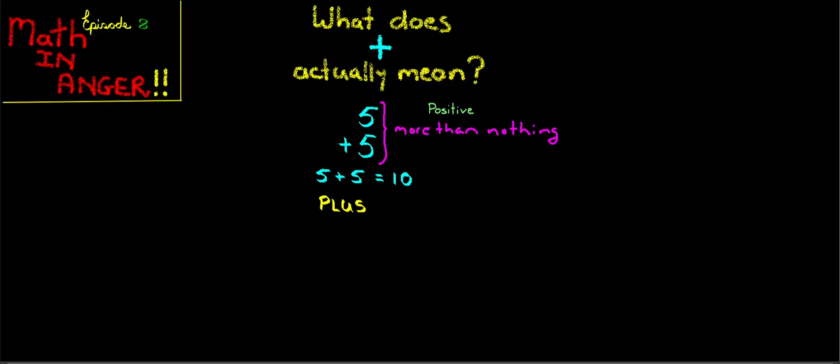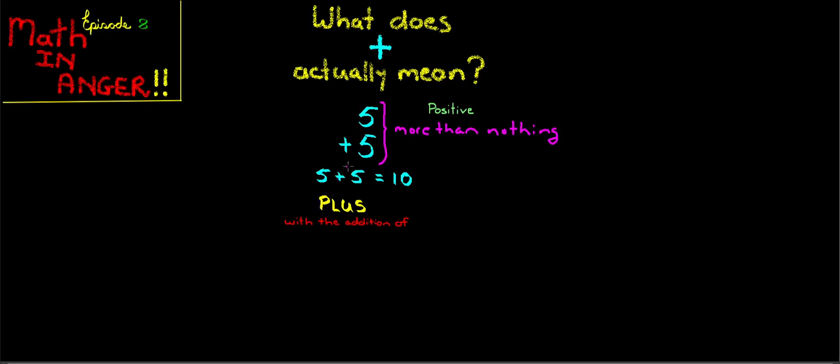If you did, you will tell me it means this, with the addition of. Do you see that when you see it like this, the symbol means positive. When you see it like this, the symbol means plus. Two different words, same picture.